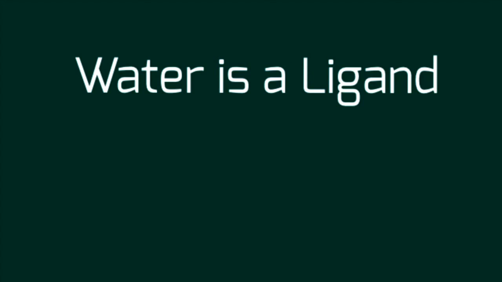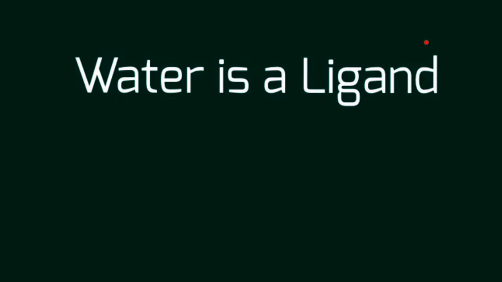So here, as the water molecule donates its lone pair and forms a coordinate covalent bond with the d-orbital system of the copper ion, it is described as being a ligand.